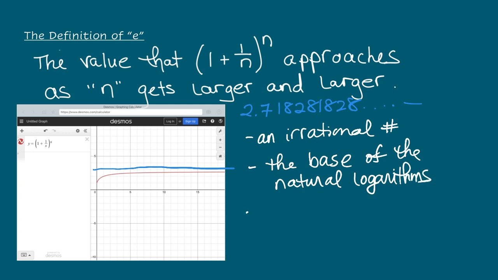We are going to use this in many areas of study, such as population growth, finance, and so on. And we're going to look at how to use this in compound interest and in population growth in these examples here today.